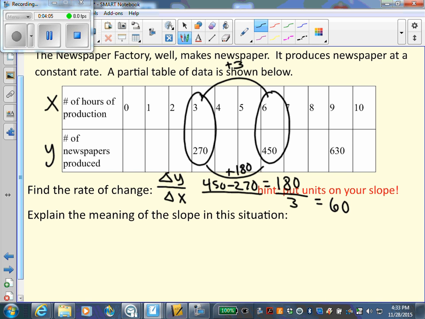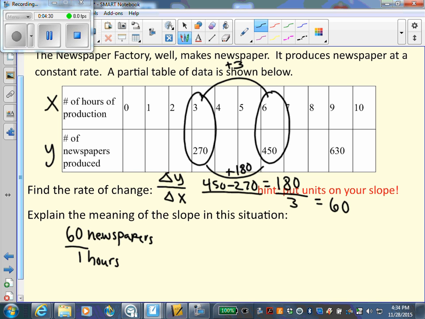Okay, so 60, and then to give the meaning of that, I'm going to write it as a fraction, which is 60 over 1, and I'm going to put my units on it. So the 60 was the y value, because it was the rise. So that's number of newspapers. So 60 newspapers, and then the 1 was the x, which was hours. So 60 newspapers for each 1 hour.